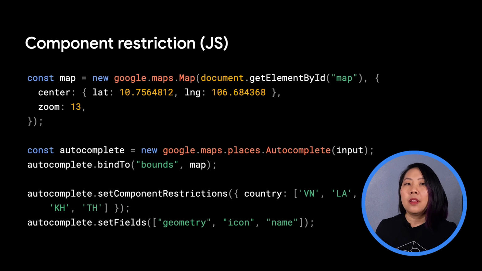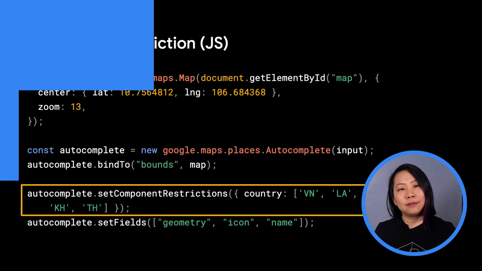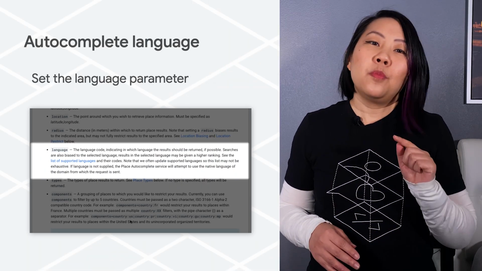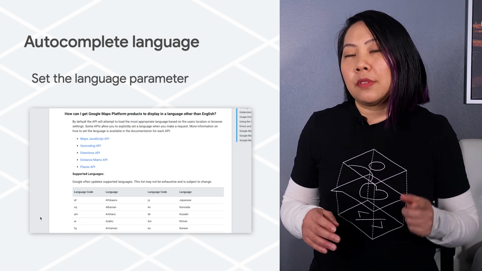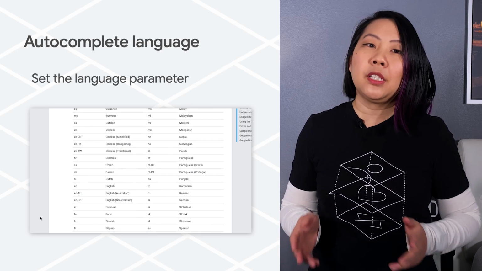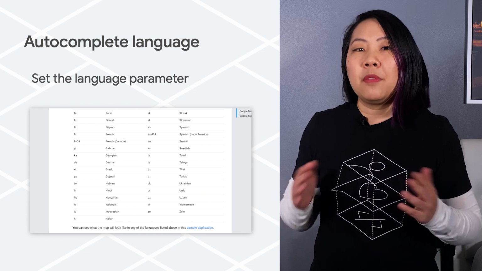Here's an example of specifying several countries to include in the component restriction. Side note, while you're thinking about specific countries, you might be interested in the language parameter to return results in a certain language. Searches will be biased to the specified language, and results in that language may be ranked higher.